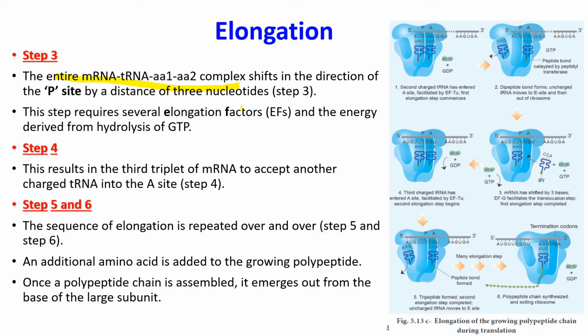Once the polypeptide chain is assembled, it emerges out from the base of the large unit. So in this picture also you can easily find out. So first in first step the same steps are explained very well in the diagram that is present in your textbook also. So refer the textbook.